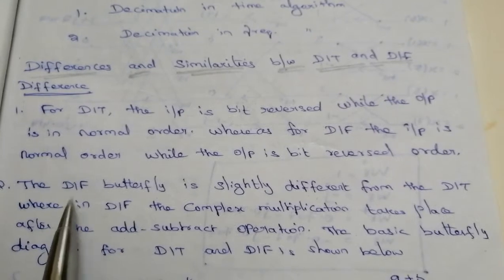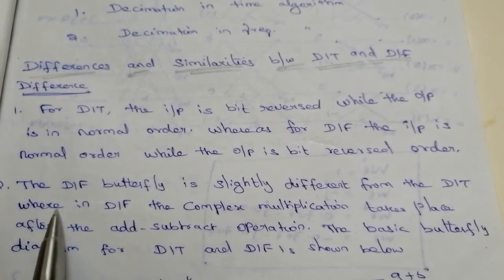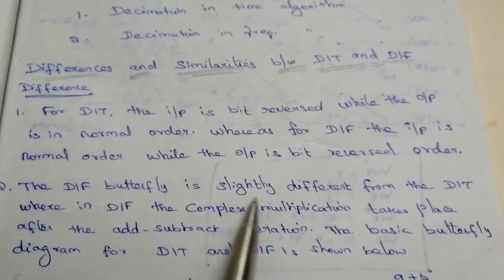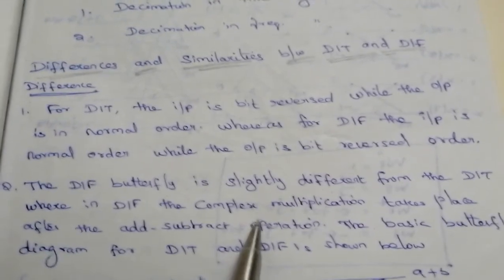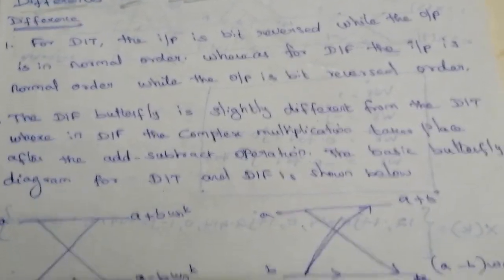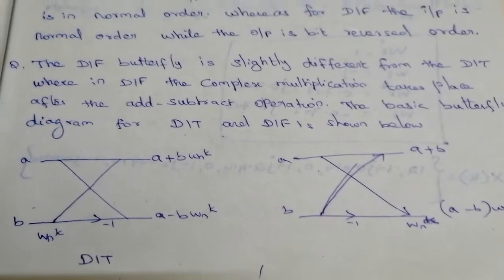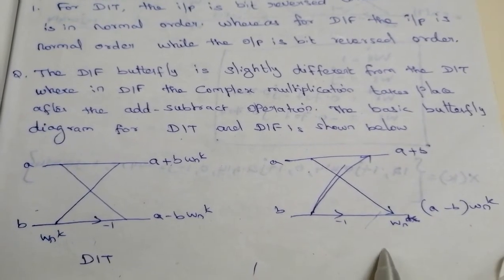Then the second point is that the decimation in frequency butterfly is slightly different from the DIT, where in DIF, the complex multiplication takes place after the addition and subtraction operation. The basic butterfly diagram for DIT and DIF is shown in the figure, right? So this is the DIT butterfly diagram. This is the DIF butterfly diagram.